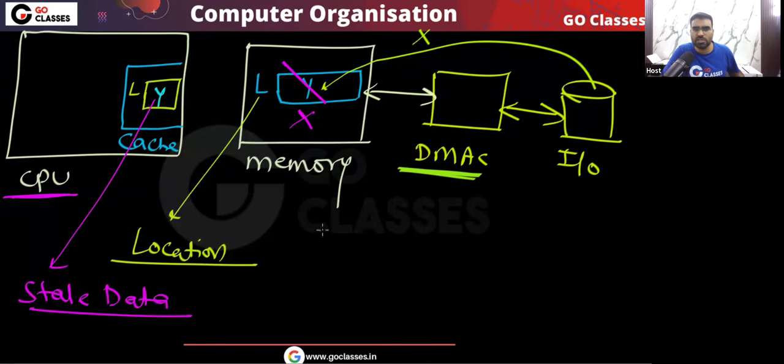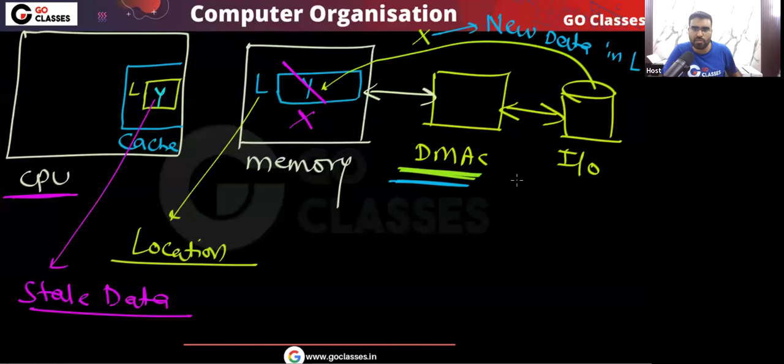Is this clear? So this is called the cache coherence problem. You can easily see the CPU is using the cache memory, but if in this location L I am writing this new data X, in location L you are writing the new data.